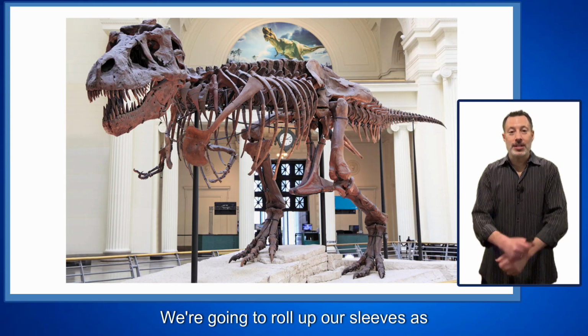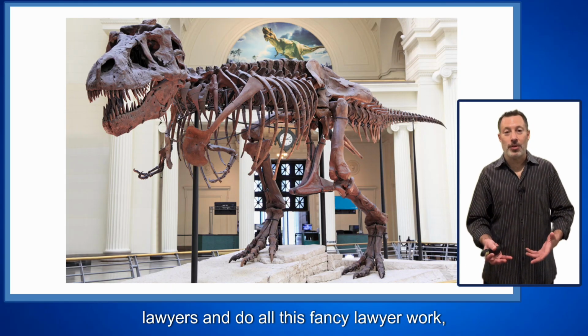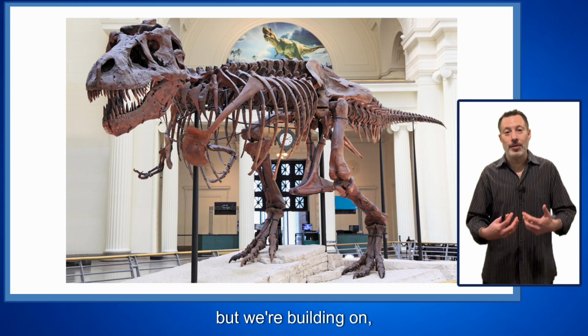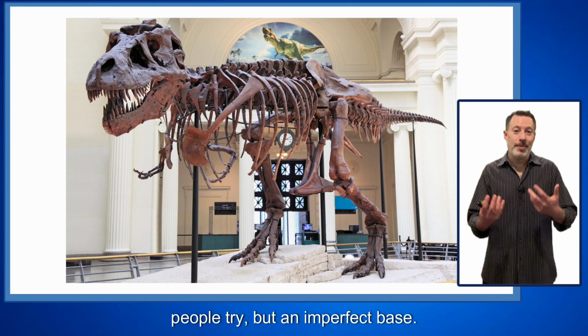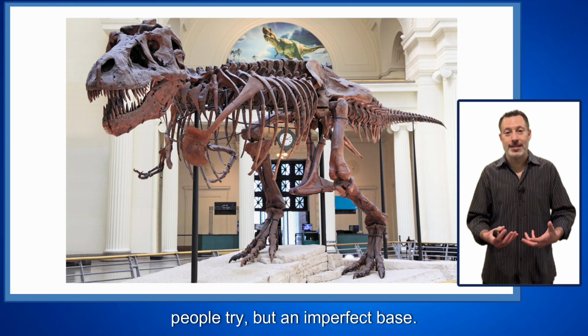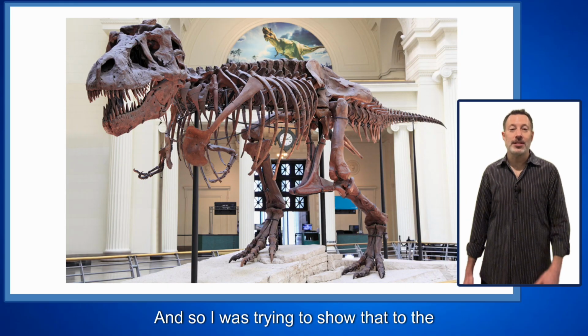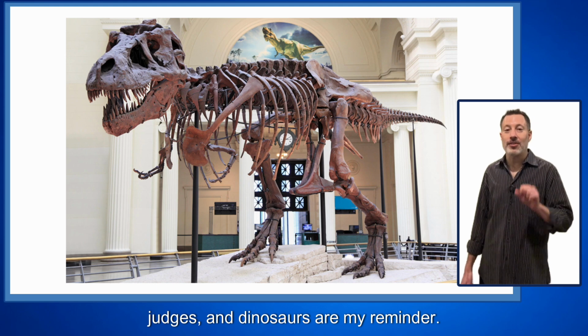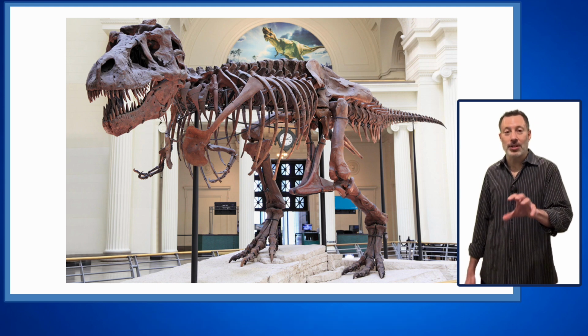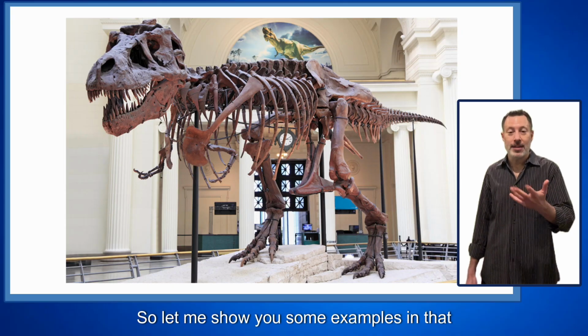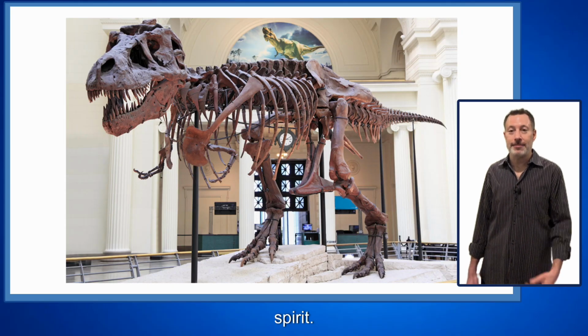We're going to roll up our sleeves as lawyers and do all this fancy lawyer work, but we're building on, people try, but an imperfect base. And so I was trying to show that to the judges, and dinosaurs are my reminder, hey, watch out for false precision. Don't imagine it's so perfect. It's probably not. So let me show you some examples in that spirit.